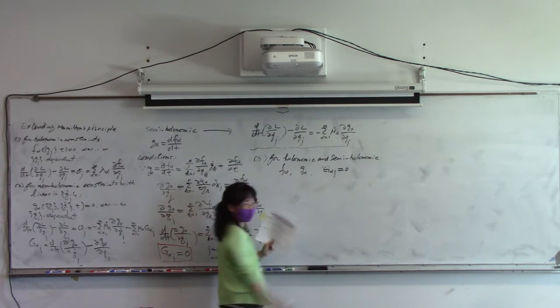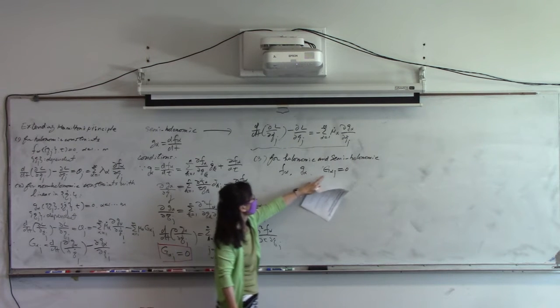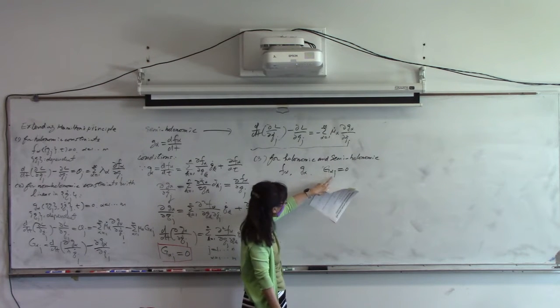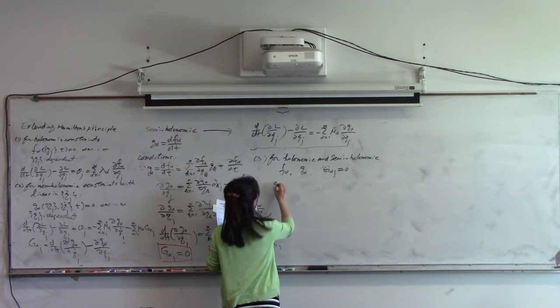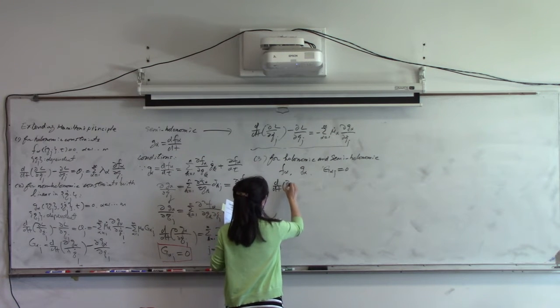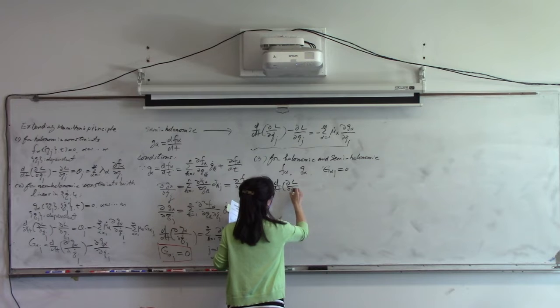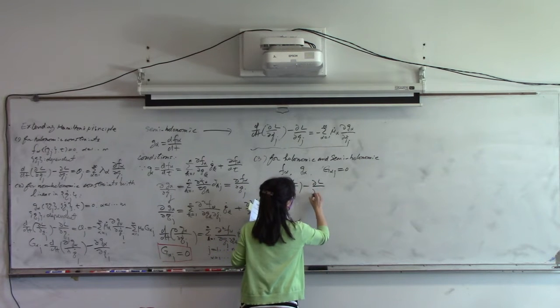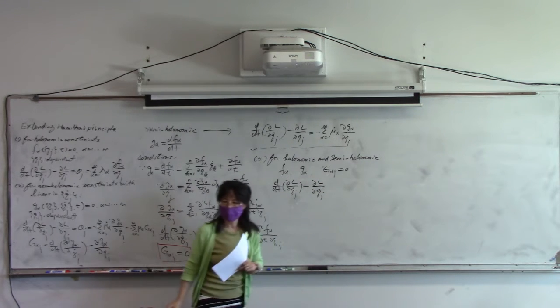So that is satisfied. When we have this and this, and also this G alpha term is 0, then the generalized Lagrange equation for this system is this. The textbook does not have this, so I just give it to you.